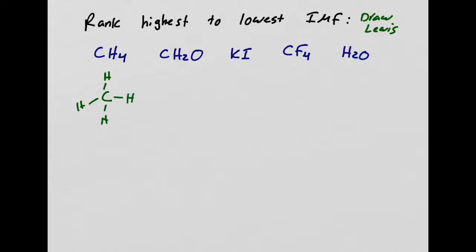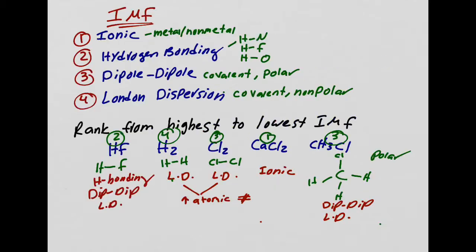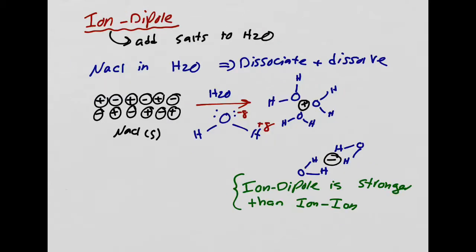Is it ionic? It is not ionic. Again, one more time, consider hydrogen as a nonmetal. Does it have hydrogen bonding? It does not, because to have hydrogen bonding, you must have HN, HF, or HO connected together.